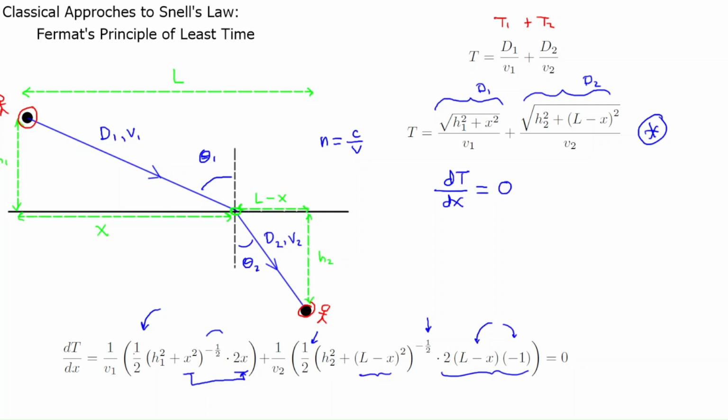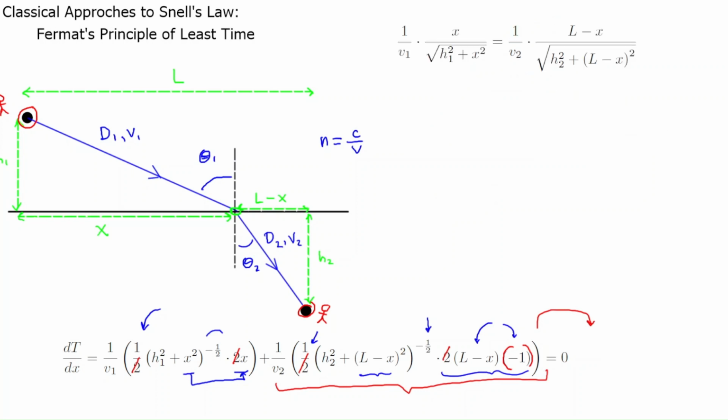We get a 2 and a 1/2 canceling in a couple of different places. I have in mind to take this second term, since it has a net negative, and put it over on the right side of the equation where it's going to become positive. Then maybe we can rewrite those negative 1/2 powers as square roots in the denominator in our next step.